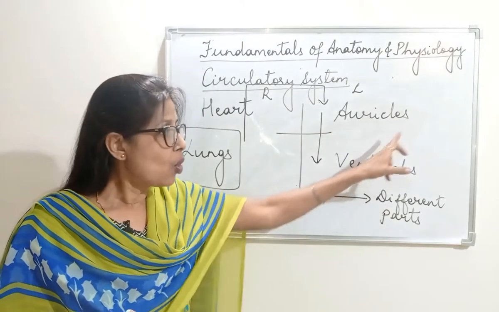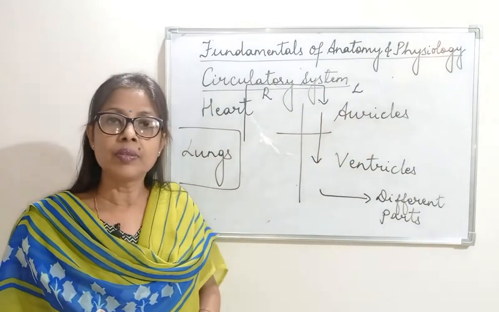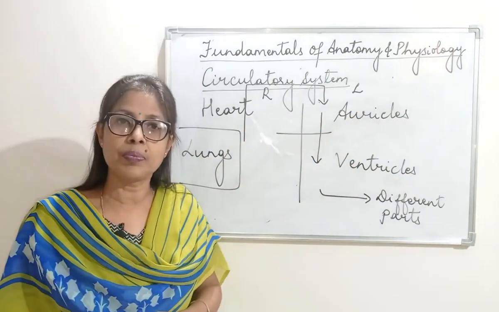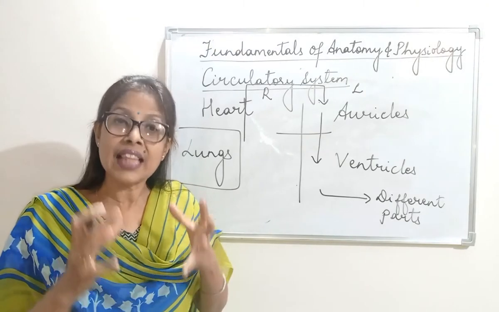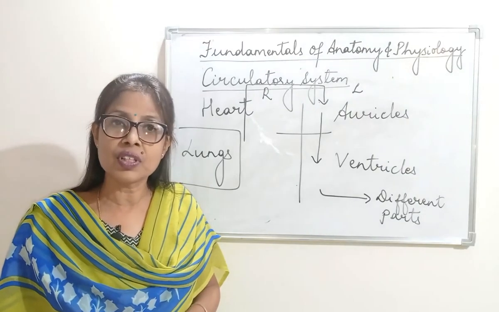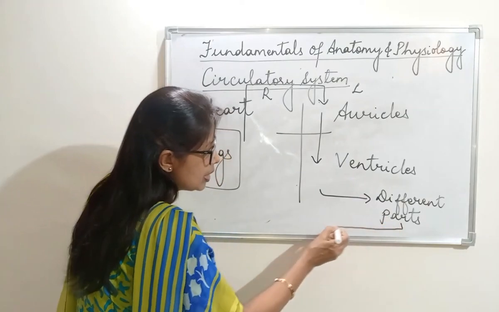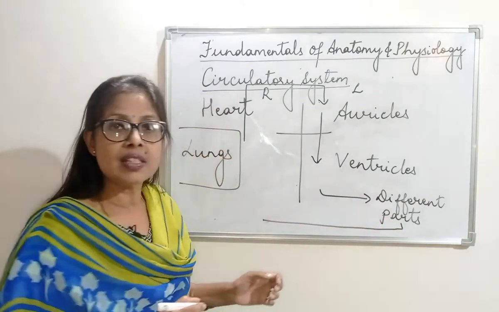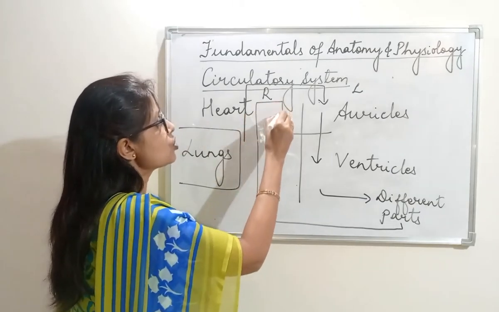By the time all the parts of the body receive this pure blood, oxygen is used up. And what is left behind? It is that blood which is having no more oxygen left. So from different parts of the body, the blood travels and goes into the right auricle.